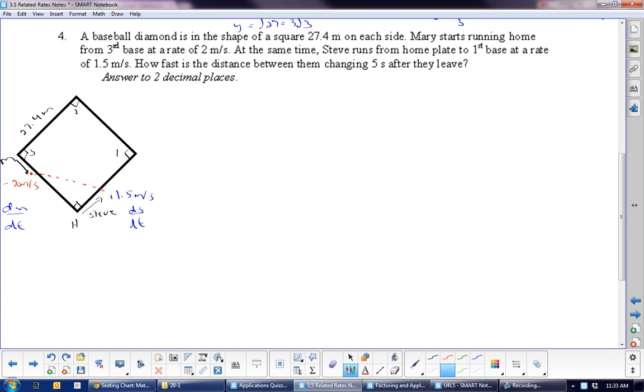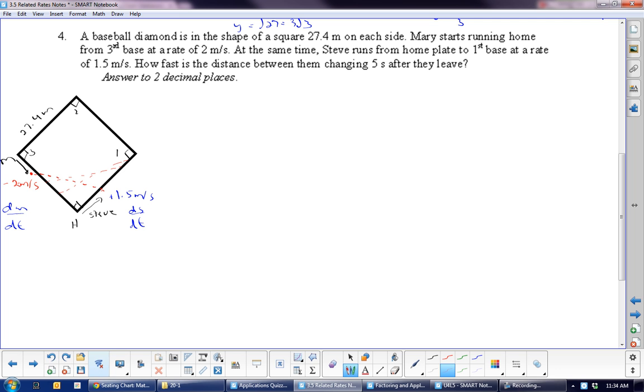You're saying, well, Mary's distance is getting bigger and bigger too. Well, we're not actually talking about the distance she's running. We're talking about the rate this triangle is changing. It's getting smaller. As she gets over here and he's over there, you see how hers keeps getting smaller, his keeps getting larger.